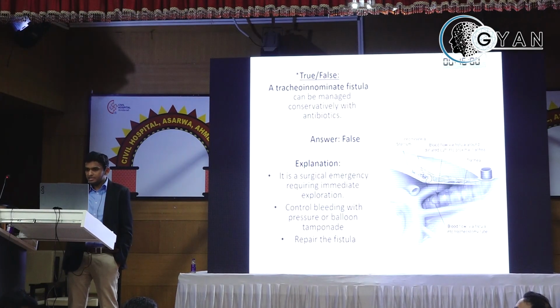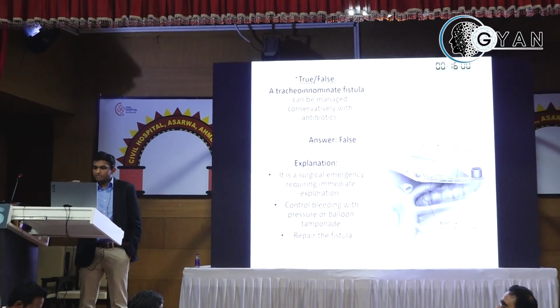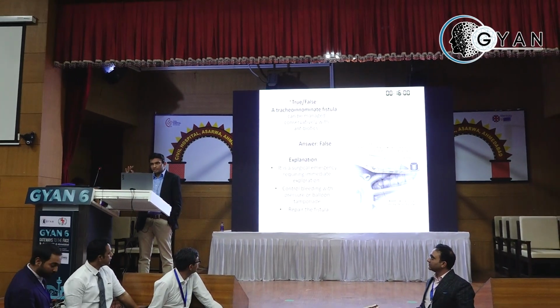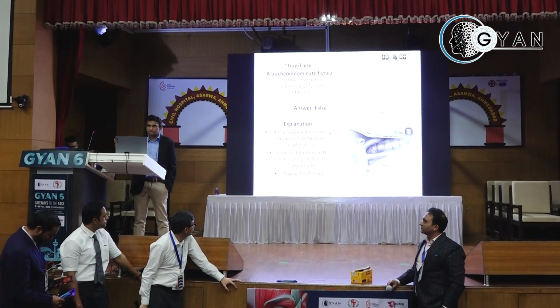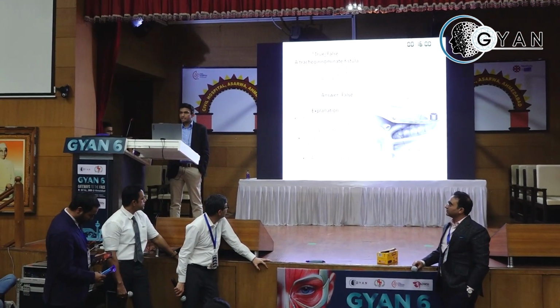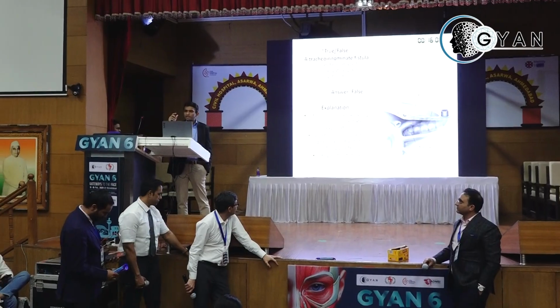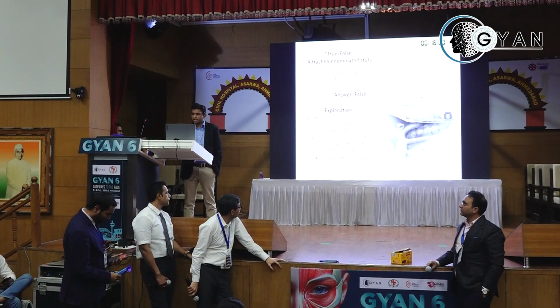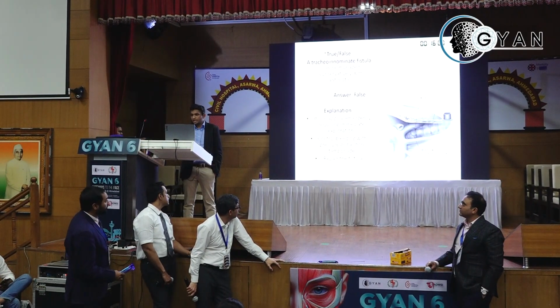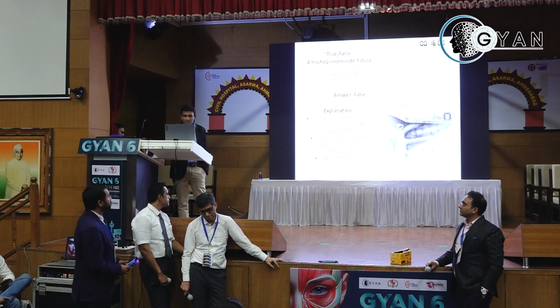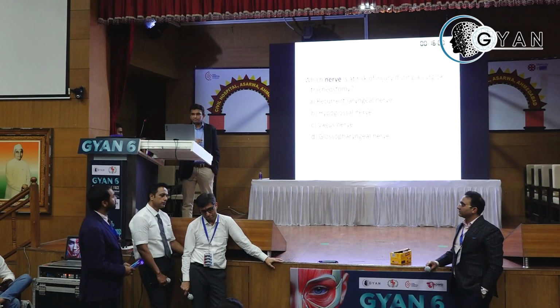So it's an emergency. The patient will bleed like anything. If you inflate the balloon, because of the tamponade effect, the bleeding will stop. But you need to take the patient to the ER, locate the bleeding, and call a vascular surgeon. You probably need to put a patch where there is erosion in the arterial wall, and you need to address it immediately. Otherwise, you might just lose the patient.